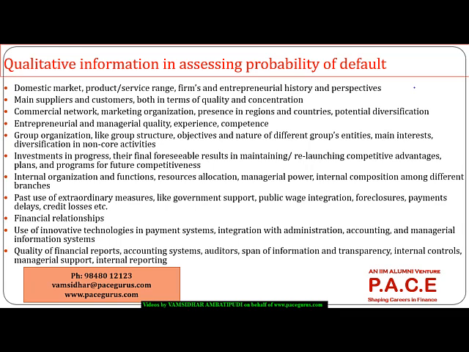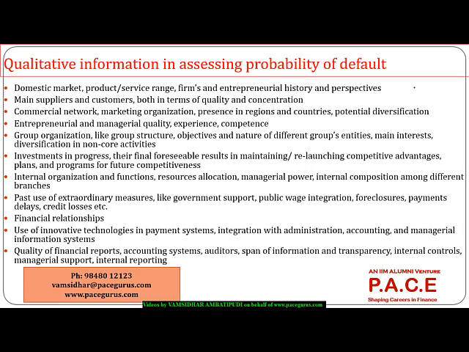So we are trying to look at the monopoly versus oligopoly versus a perfectly competitive market, commercial market, marketing organizations, kind of regions, countries in which the company is present, diversification, experience, quality of the management.